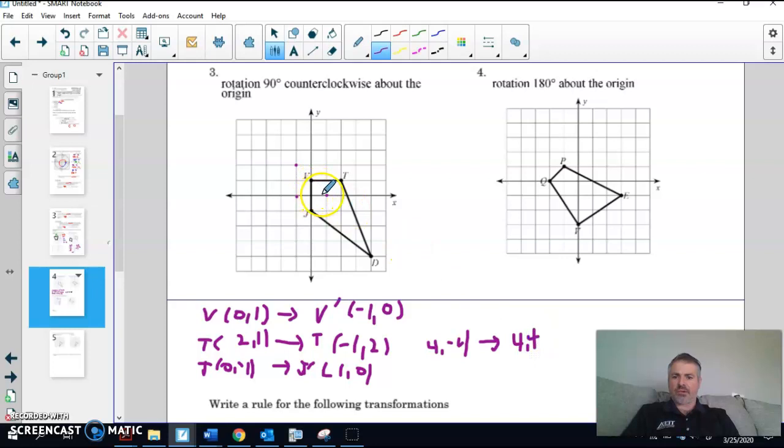Four, positive 4 is 1, 2, 3, 4. So now you can see your rotated image looks like this.